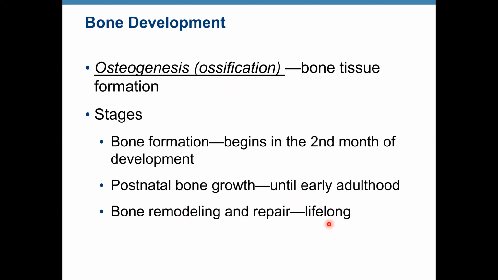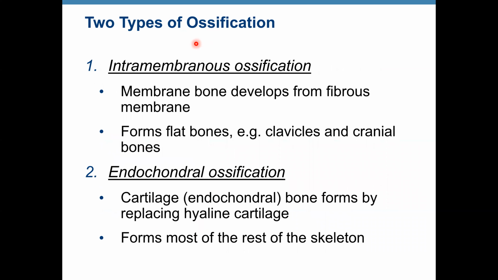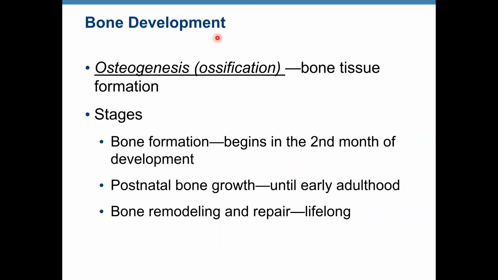So your whole life, your bones are constantly remodeling and repairing. Osteocytes maintain your bony matrix. Osteoblasts are constantly depositing new matrix, and osteoclasts are resorbing. So that's what remodeling would be.